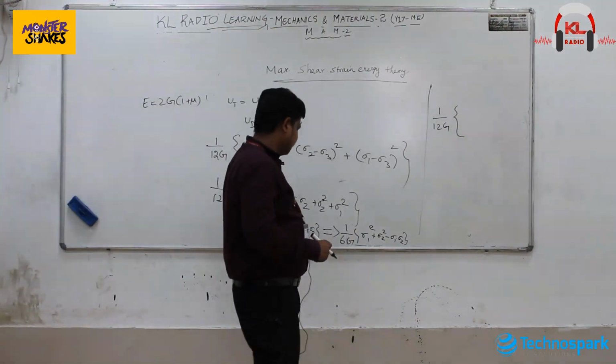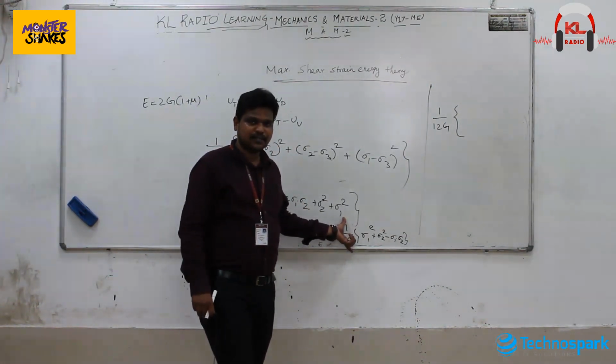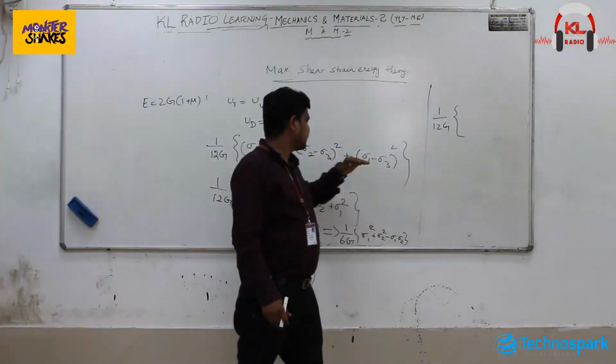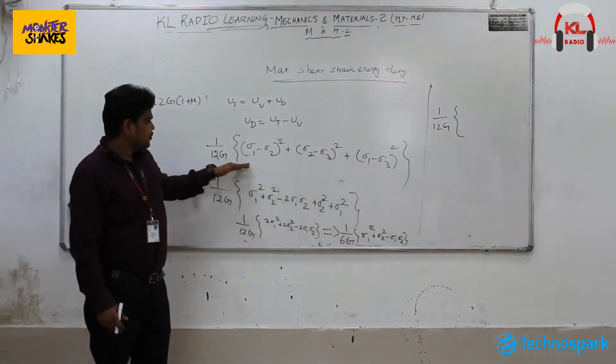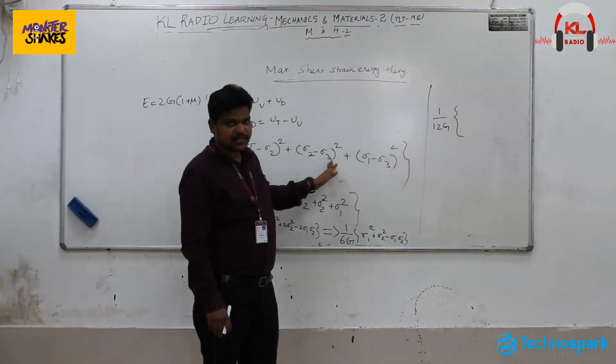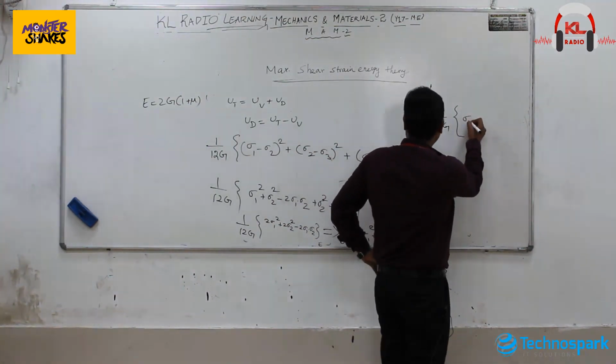As I said, this is the distortion energy for the biaxial condition. Similarly, we can write the distortion energy for the uniaxial case with the help of this equation, where sigma 2 is also not going to be there and sigma 3 is also not going to be there, so it can be reduced to sigma 1 square.